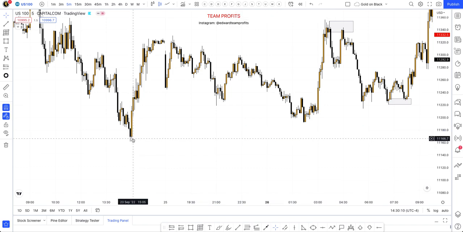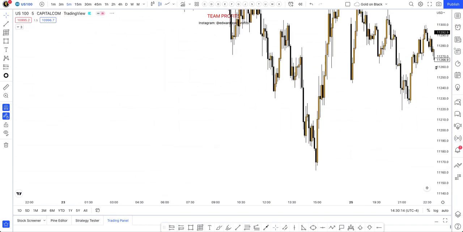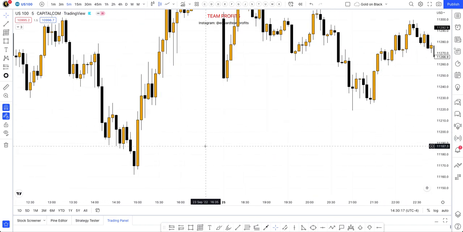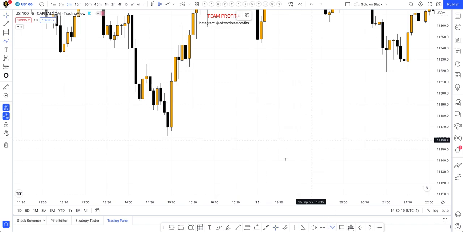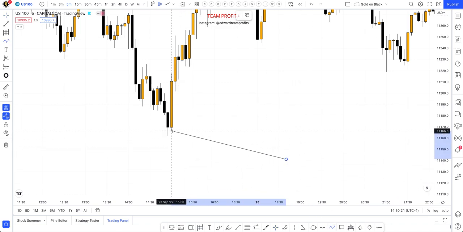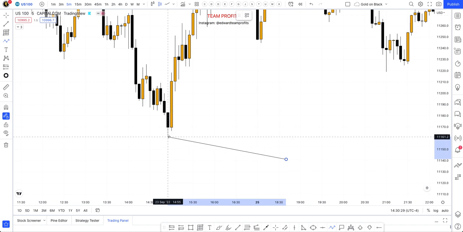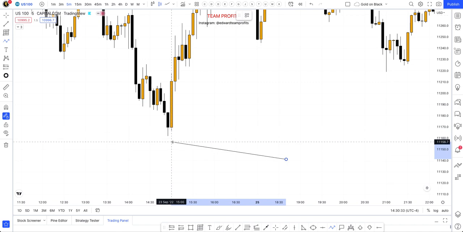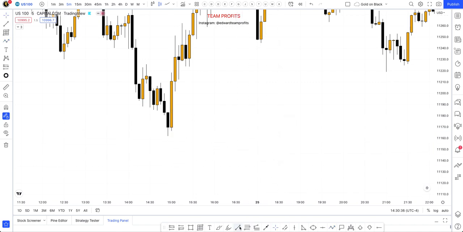Because you need this candle right here to close lower than this one. In this case, to buy, right? This body of the candle needs to close lower.